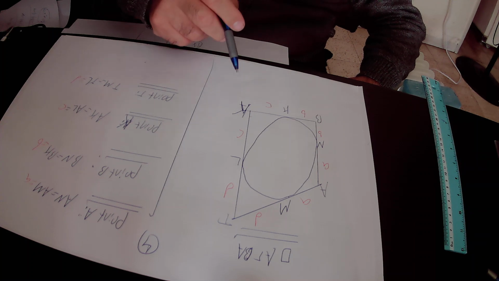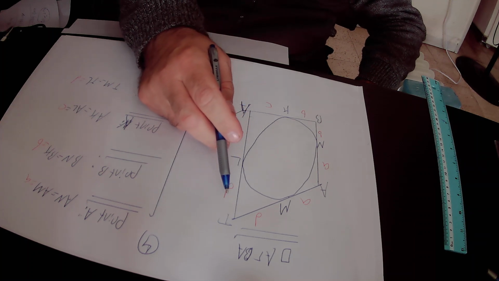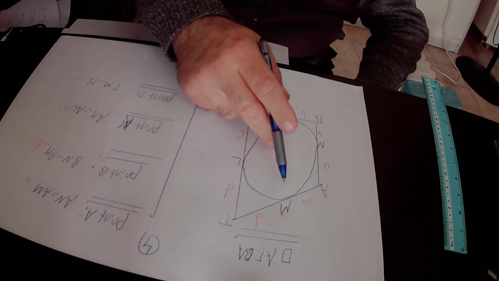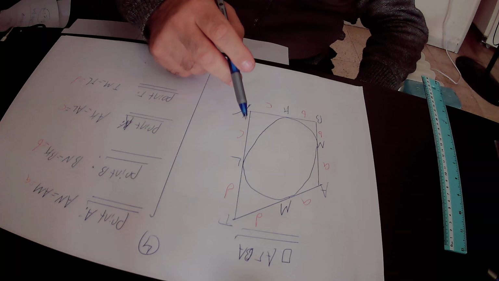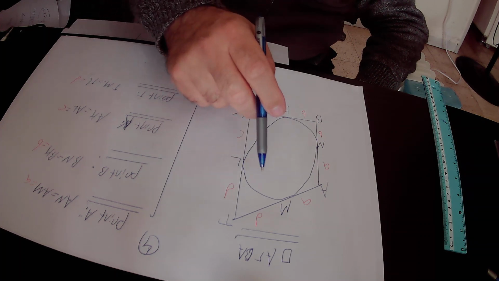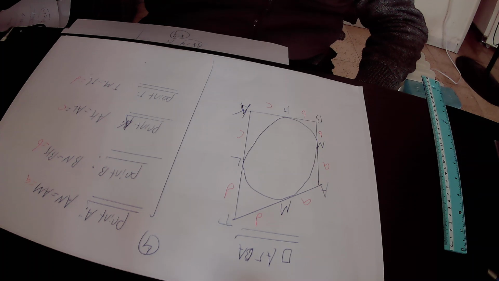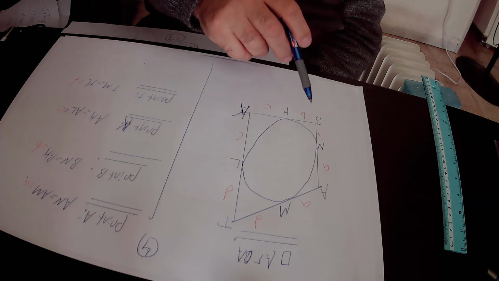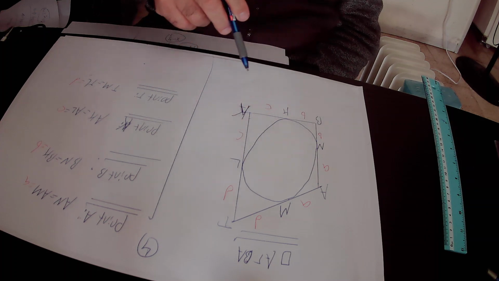And finally, we have the common external point T. For point T, we have two tangents to the circle, tangent TM and tangent TL. According to rule number 2, TM equals TL, so if TL is d, then TM must also be equal to d.